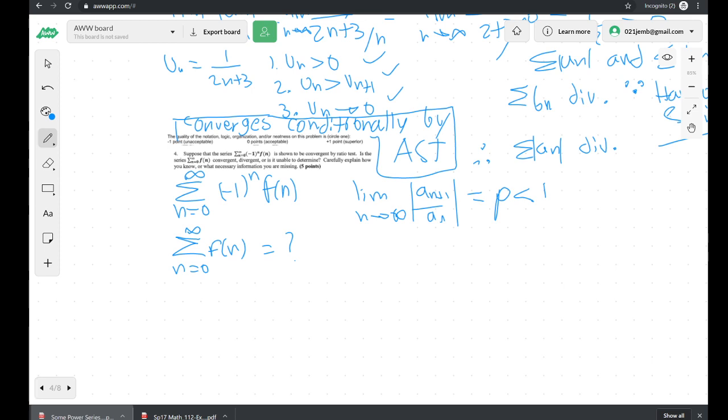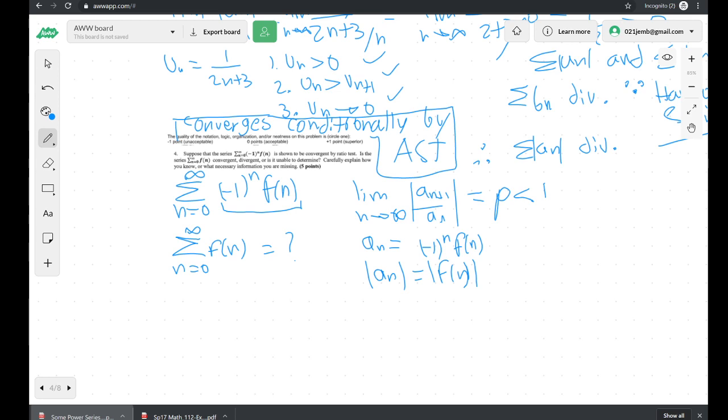All right, so for this one, we could simply use the ratio test using what we know, which is our a sub n. So if a sub n equals -1 to the nth times f of n, then we know that the absolute value of a sub n will just be f of n in absolute value, because the alternator will always be positive in an absolute value.